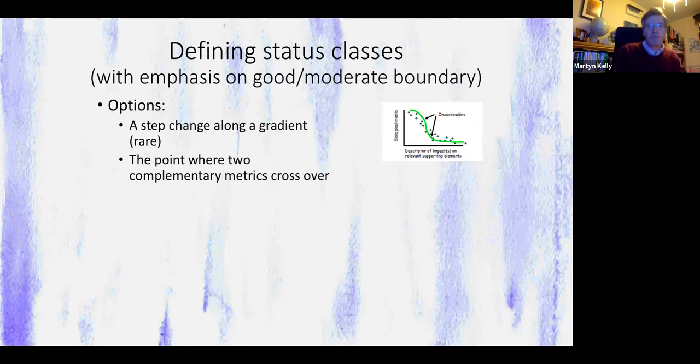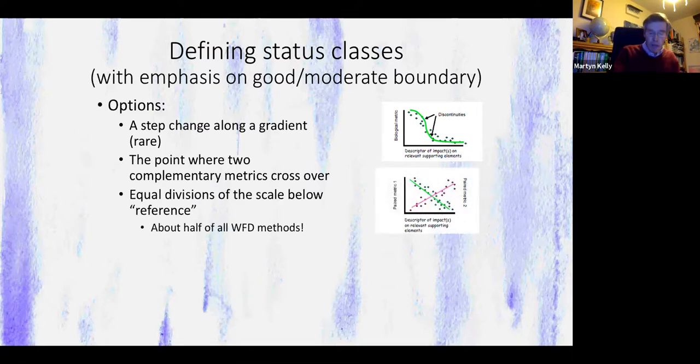So a second option that was suggested was that we could use the point where 2 complementary metrics cross over. Now, of course, in many cases in Europe we're not using multi-metrics, but we can decompose metrics like the TDI or the IPS to yield sensitive and tolerant taxa.